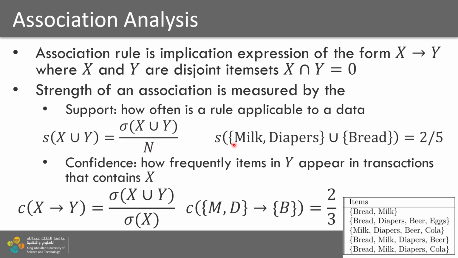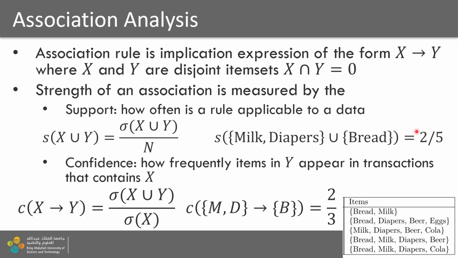If we are looking for the support of a rule based on milk, diapers, and bread, where we are seeking the rule milk and diapers imply bread, this is supported by milk, diapers, bread, and milk, diapers, bread. 2 out of 5 of the transactions contain it.